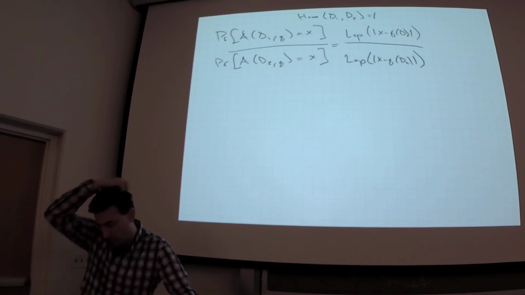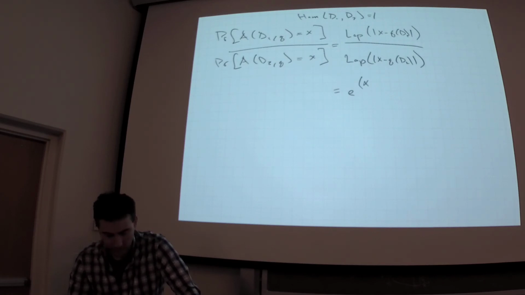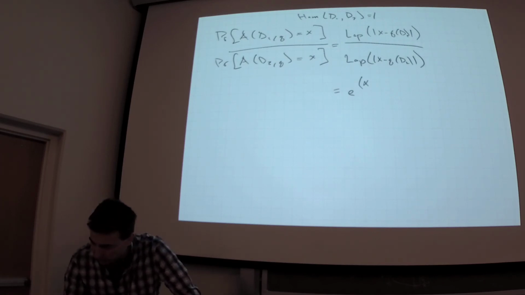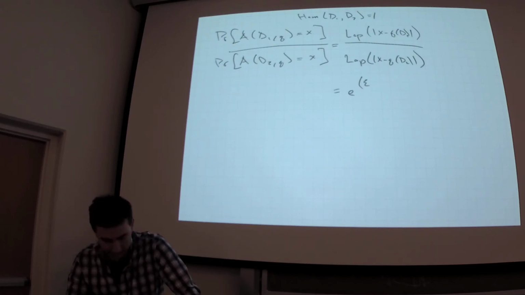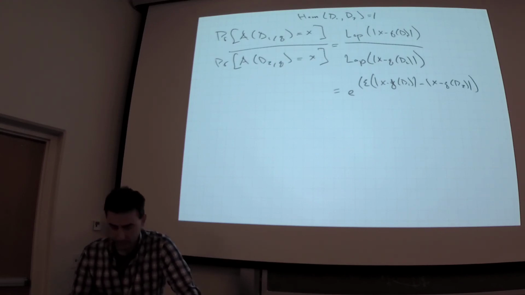Okay, and so what is this going to look like? This is going to equal e to the power epsilon times x minus the query on D1 minus x times the query on D2, right?